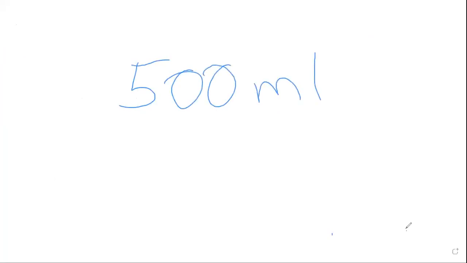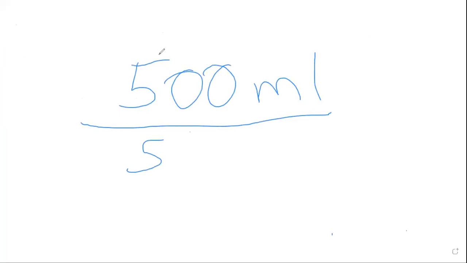And here we're going to write our problem. We have 500 mLs of normal saline. That's our total volume. Again, your total volume is going to be in mLs. It's total volume over total time in minutes.